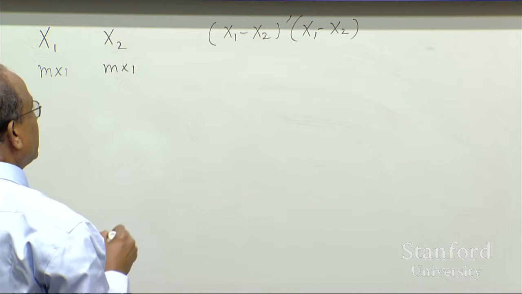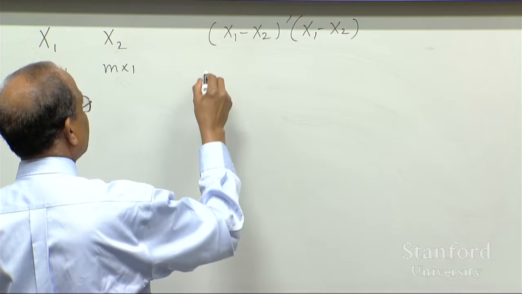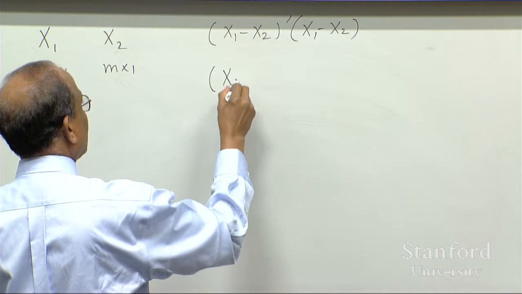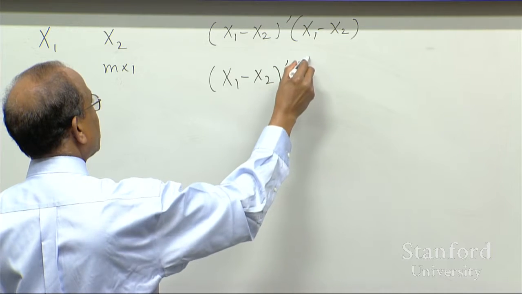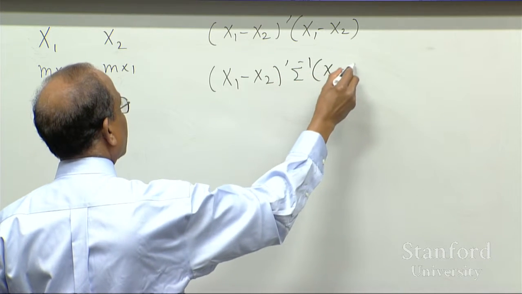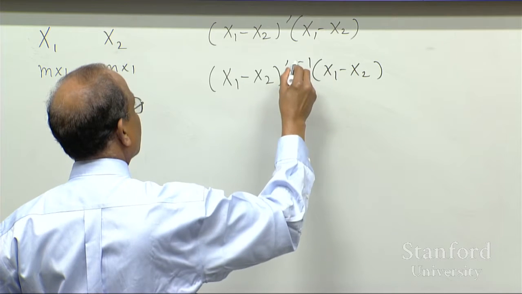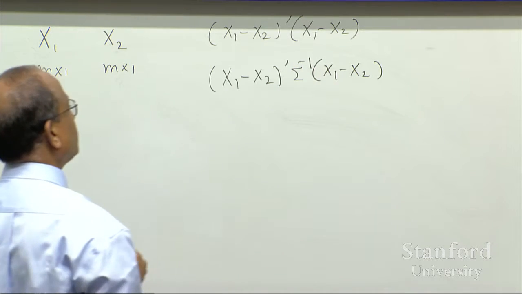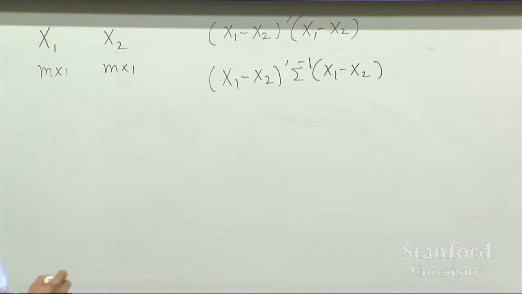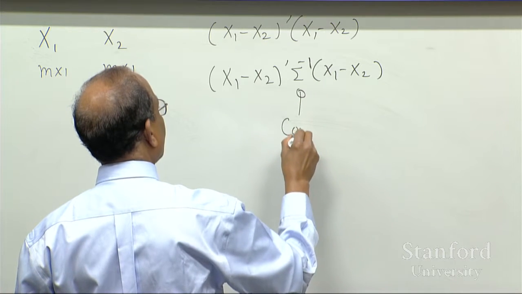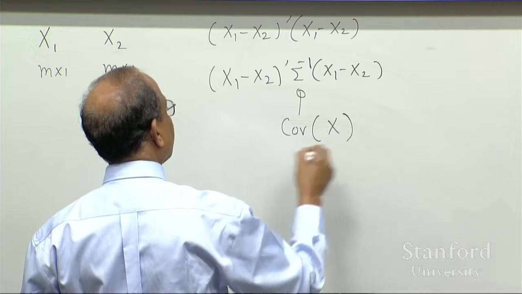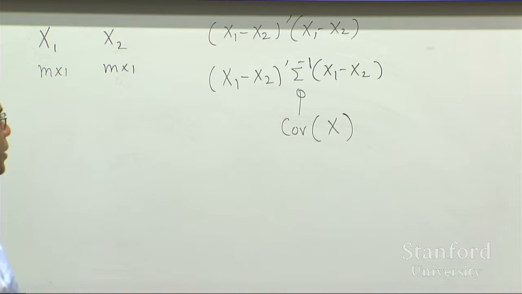There is also, I think, a weighted distance, something called Mahalanobis distance, that's used in practice. This is given as (x1 minus x2) prime, sigma inverse, times (x1 minus x2). So this sigma is supposed to be the covariance matrix of X, assuming that x1 and x2 come from the same distribution.